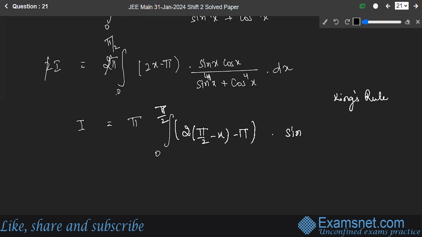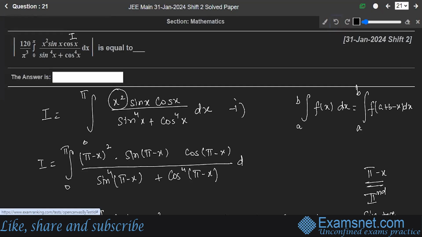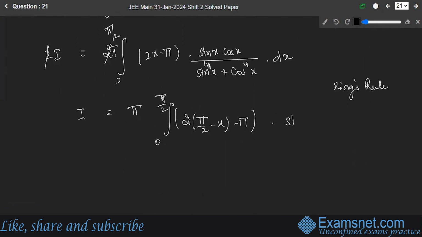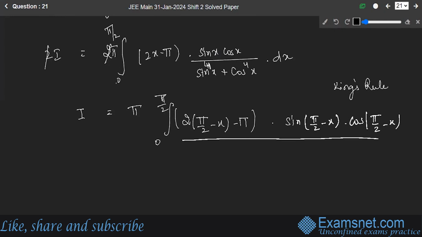And again, sine pi by 2 minus x into cos pi by 2 minus x, whole thing divided by sine power 4 plus cos power 4 of pi by 2 minus x dx.